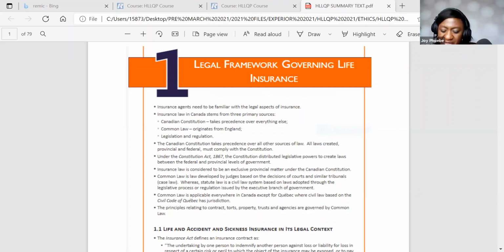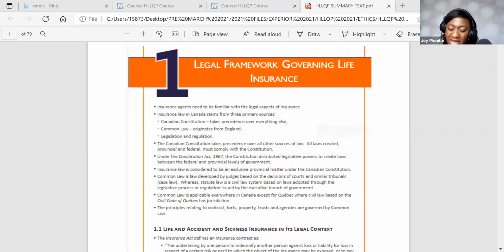In comparison with ordinary contracts, life insurance policies have several additional requirements before they are considered to be valid and in effect.